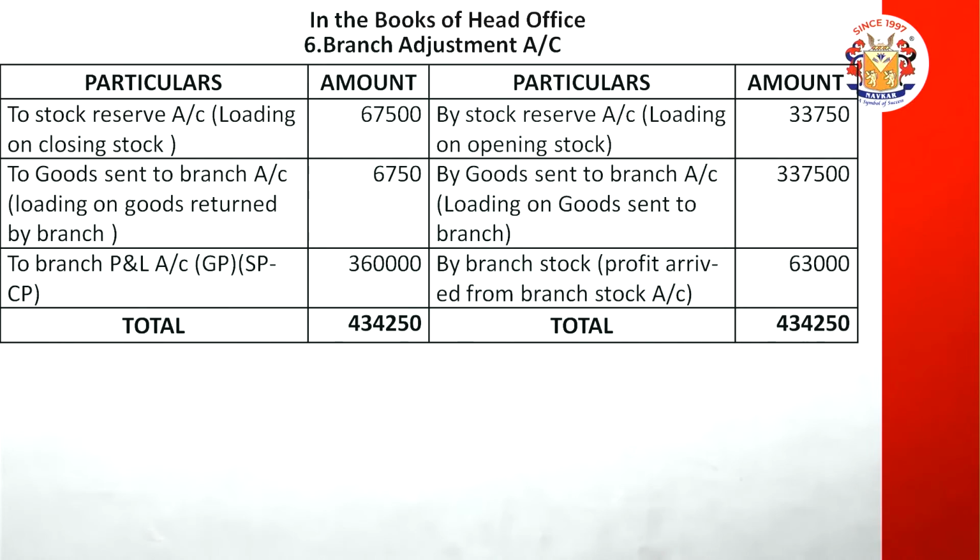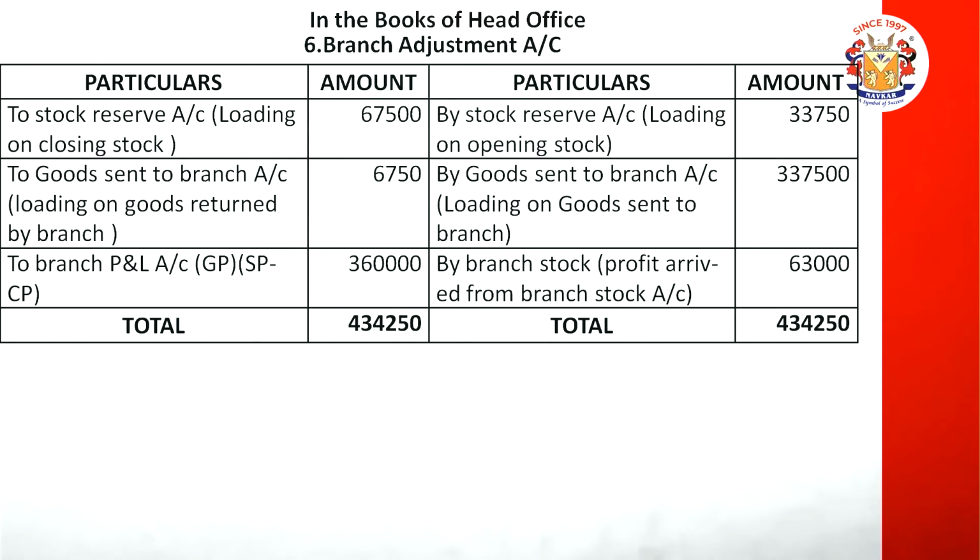Sir, what about 63,000, the profit arrived from branch stock account? That is realized. This 63,000 is nothing but the normal profit realized by branch, and hence 63,000 would be credited to branch adjustment account.